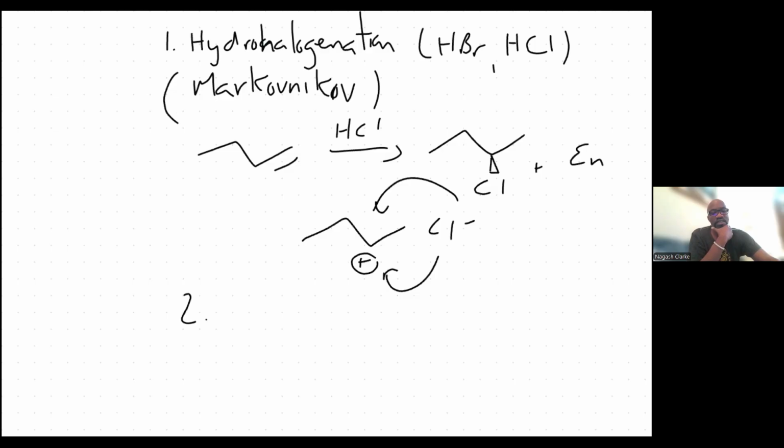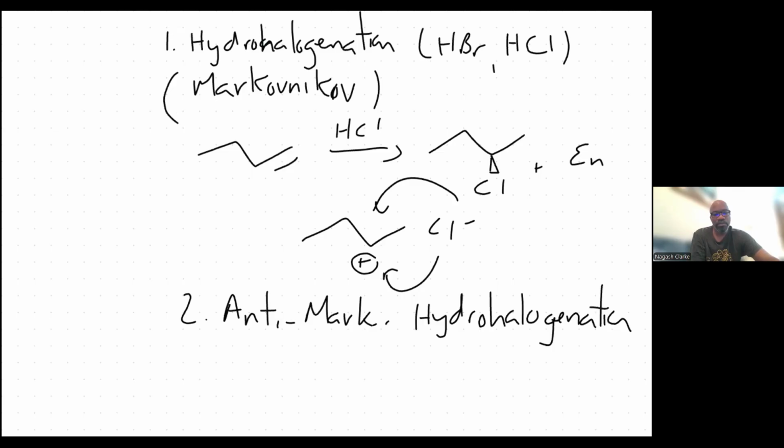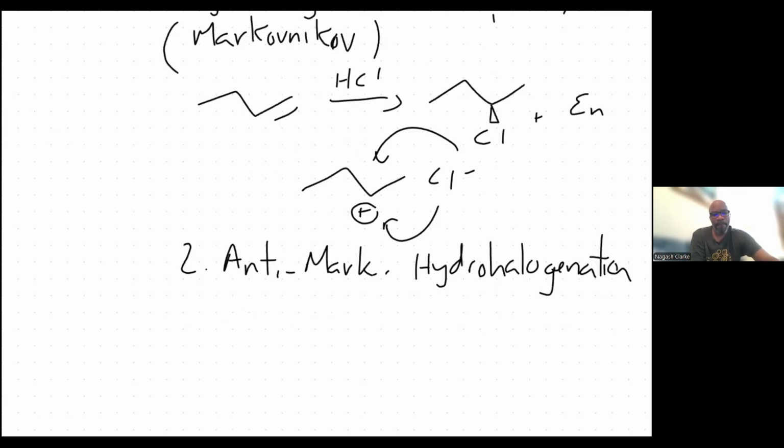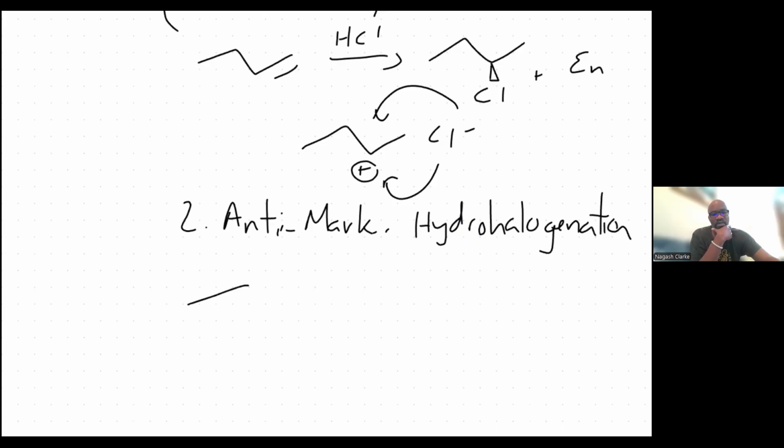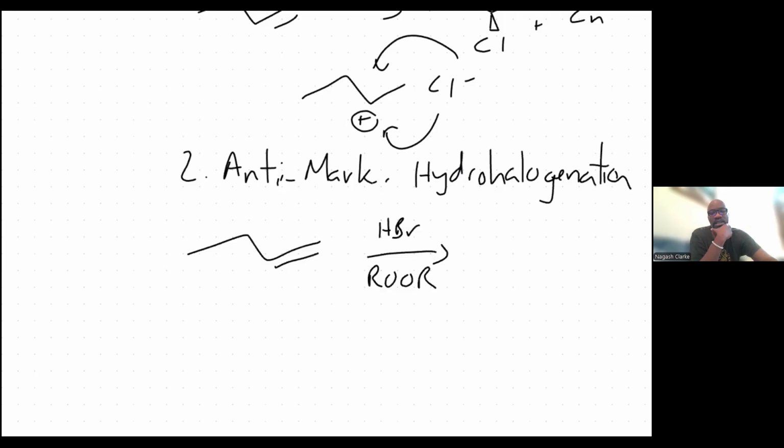The other one is the anti-Markovnikov hydrohalogenation, and this one only occurs with HBr. So I use the same one, butene, and I'm going to use HBr, and I'm going to put some peroxide in there, and we're going to get the Br on the less substituted carbon.